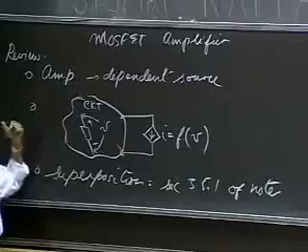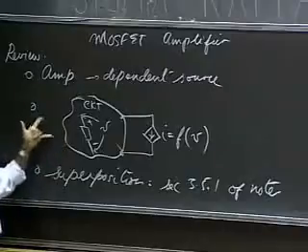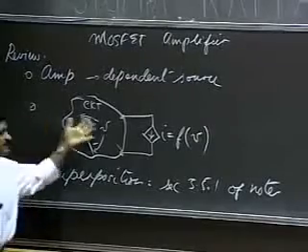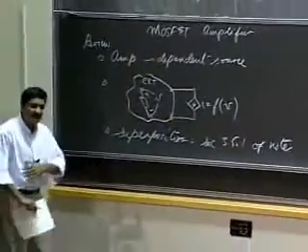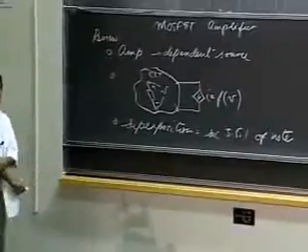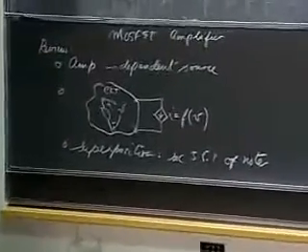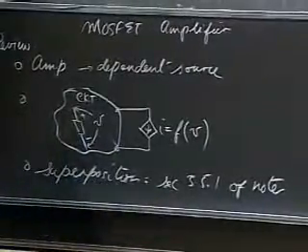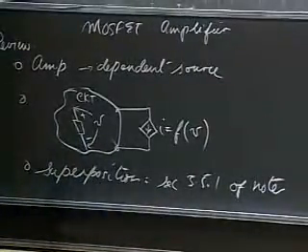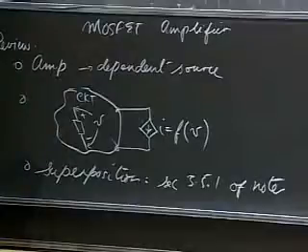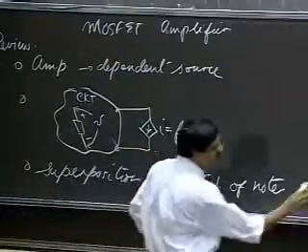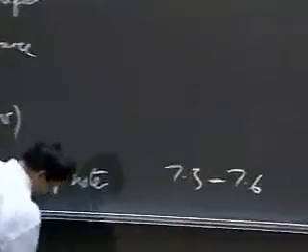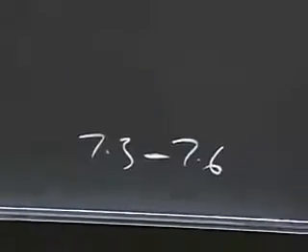Look at the response of the circuit by turning on your independent sources one at a time and summing up the responses. Your dependent sources stay within the circuit, and you simply analyze them as you do anything else. So just be a little cautious when you have dependent sources, but the basic method applies almost without any change. The readings for today's lecture are sections 7.3 to 7.6.